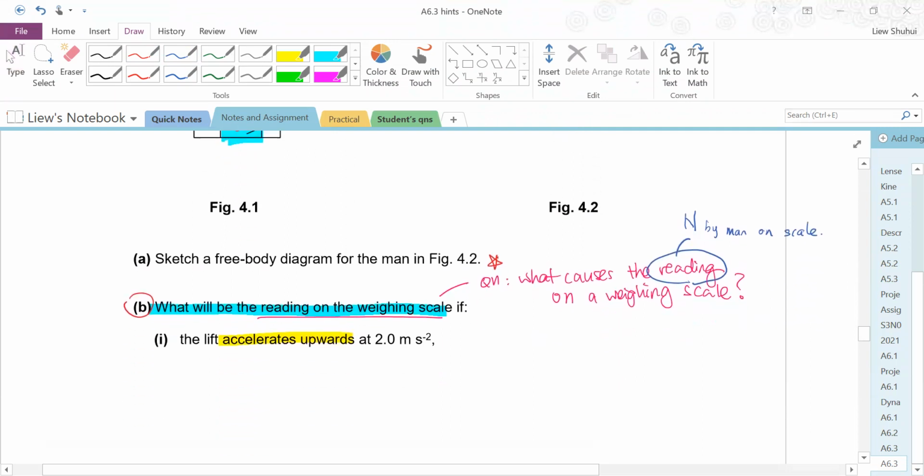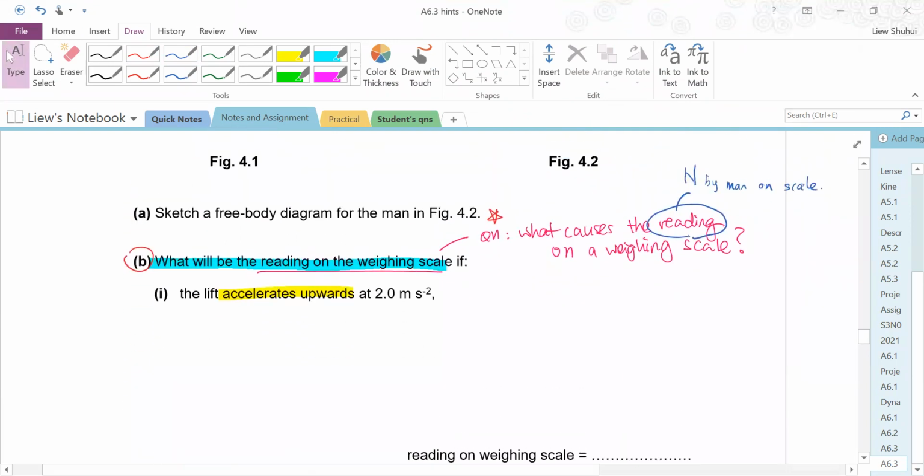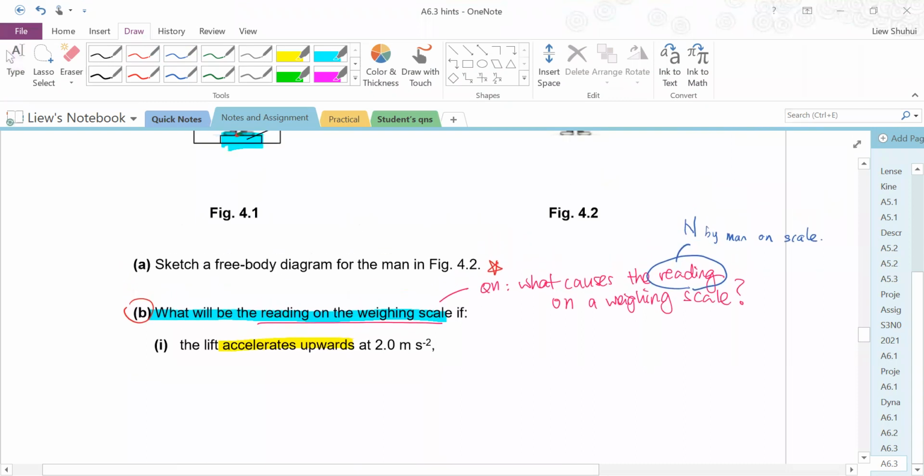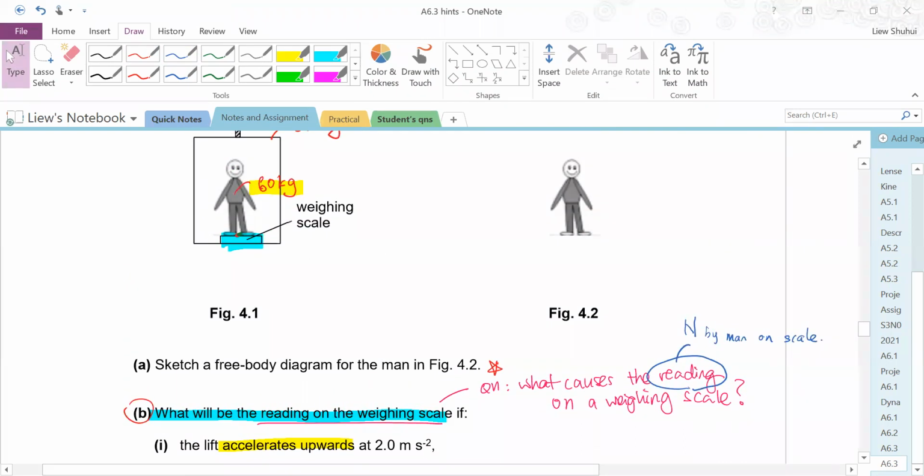When you look at the free body diagram of the man, what you should have is the normal contact force by scale on man, because when you draw the free body diagram of the man, the forces are all the forces acting on the man.